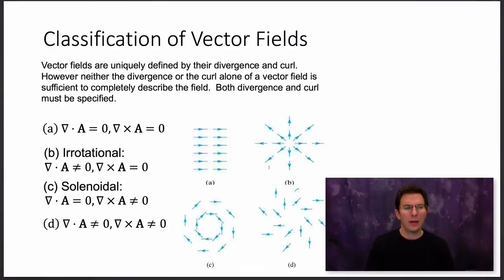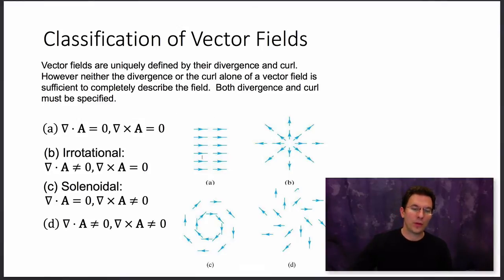All right, vector fields are uniquely defined by their divergence and their curl. However, neither the divergence nor the curl alone of a vector field is sufficient to completely describe it. You have to specify both the divergence and the curl of a field to get a unique field. There are 4 examples here that are shown in your text that I want to go over.